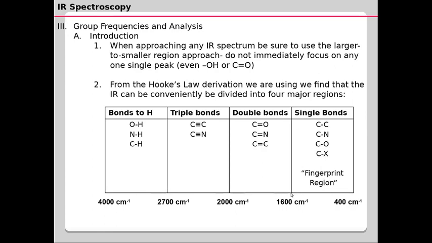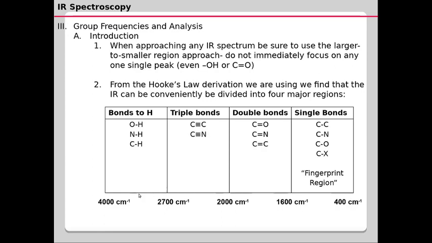Again, the region from 1600 to 2000 centimeter inverse includes the vibrations of carbon-oxygen double bonds, carbon-nitrogen double bonds, and carbon-carbon double bonds. So this is the double bond frequency region. The region afterwards, starting from 2000 centimeter inverse up to 2700 centimeter inverse, this narrow region deals with the vibrations of carbon-carbon triple bonds and carbon-nitrogen triple bonds, mostly the triple bond vibrational region.